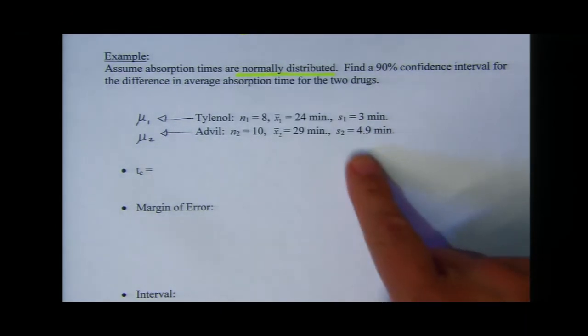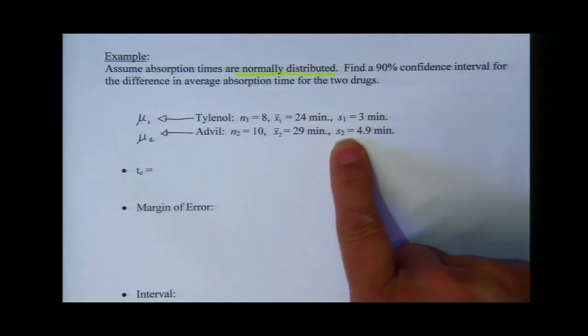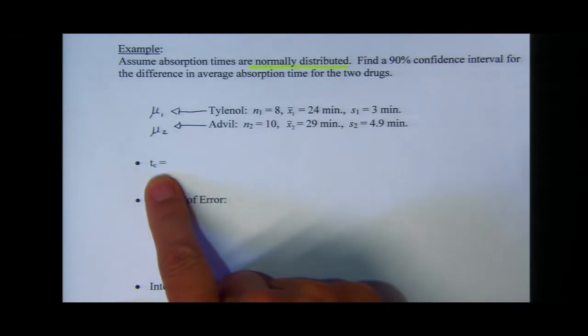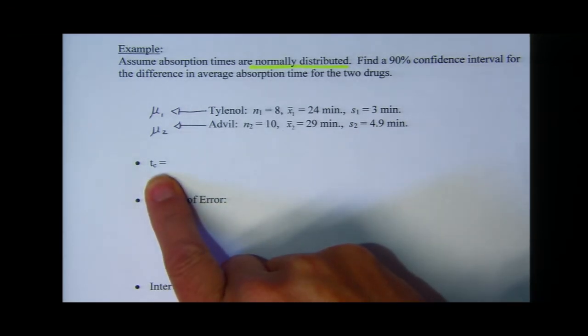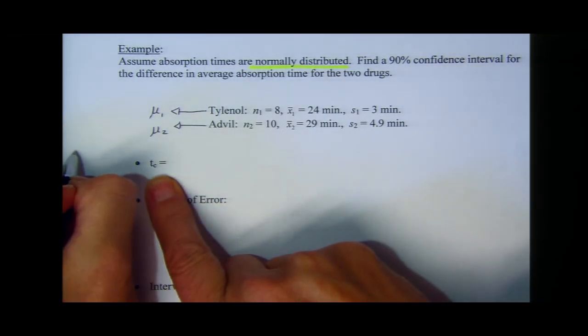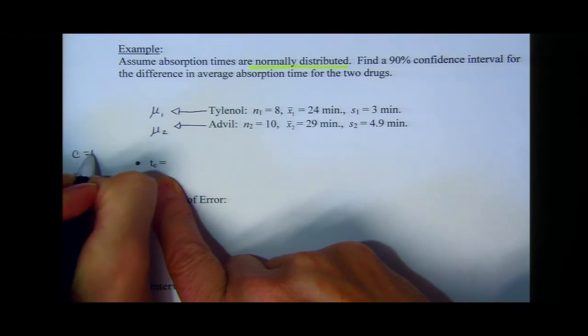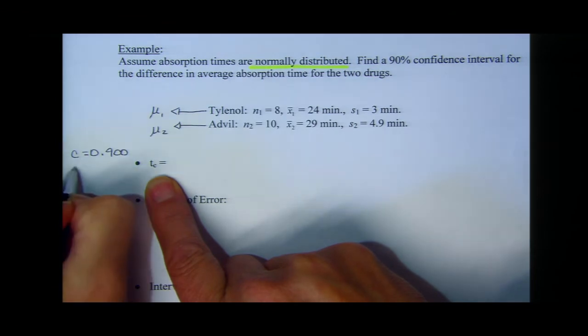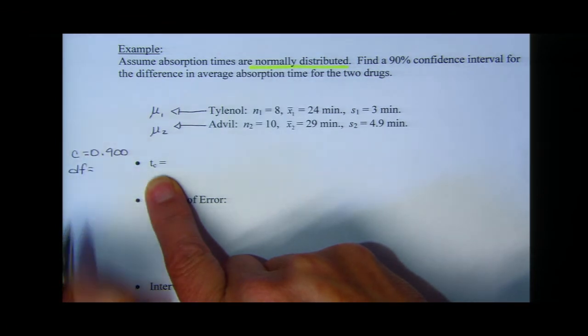Now, what you need to recognize is that they gave me s. That means sigma is unknown, so in my margin of error I will use t sub c. So c is 90%.